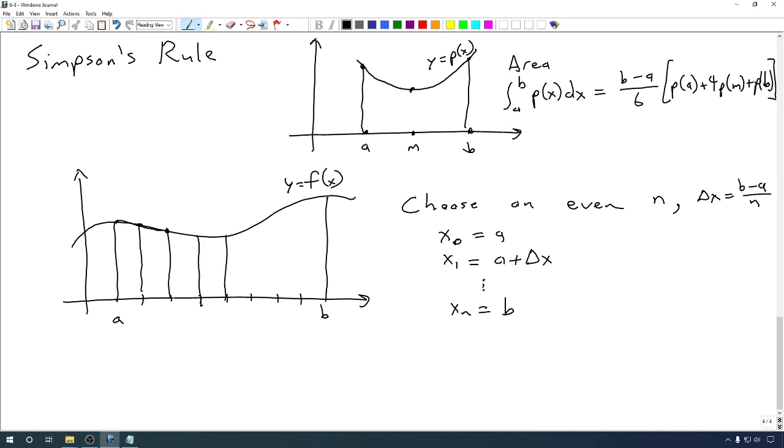Well, we keep this point as well, so we're repeating that point. I guess that's x2. So x2 gets repeated, and we use this point and those two new points. We find another parabola that passes through those, and we approximate the area that way, and so on and so forth. I don't really have room on this slide, so let's go ahead and move to the next one.